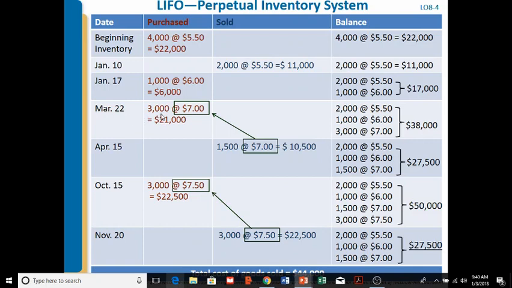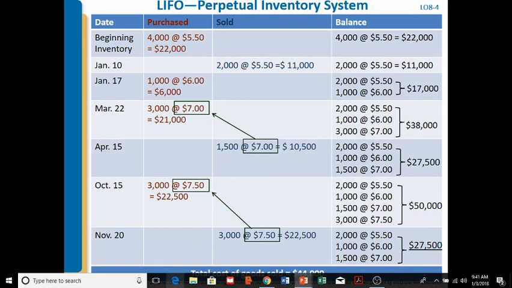We purchase another 3,000 at $7 per unit, so add 21,000 to come up with a total of $38,000. Now, our sale here on April 15 is for 1,500 units.